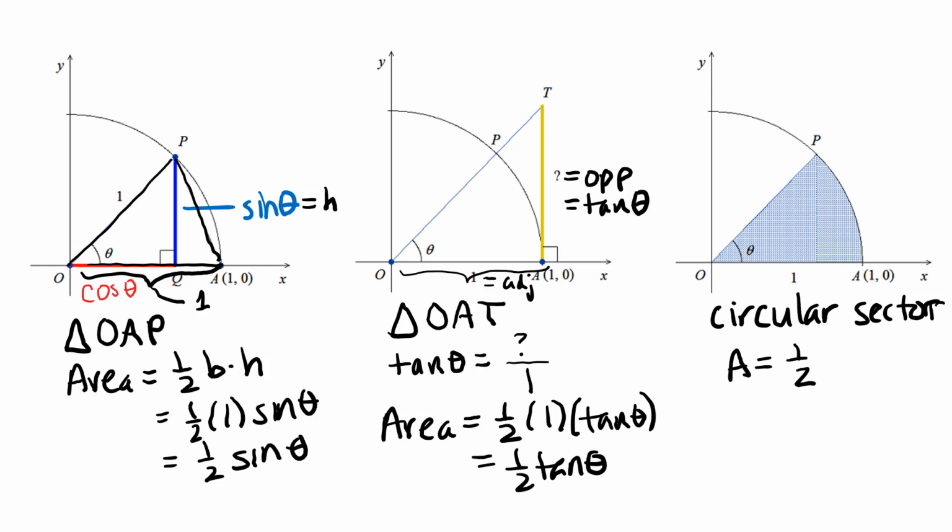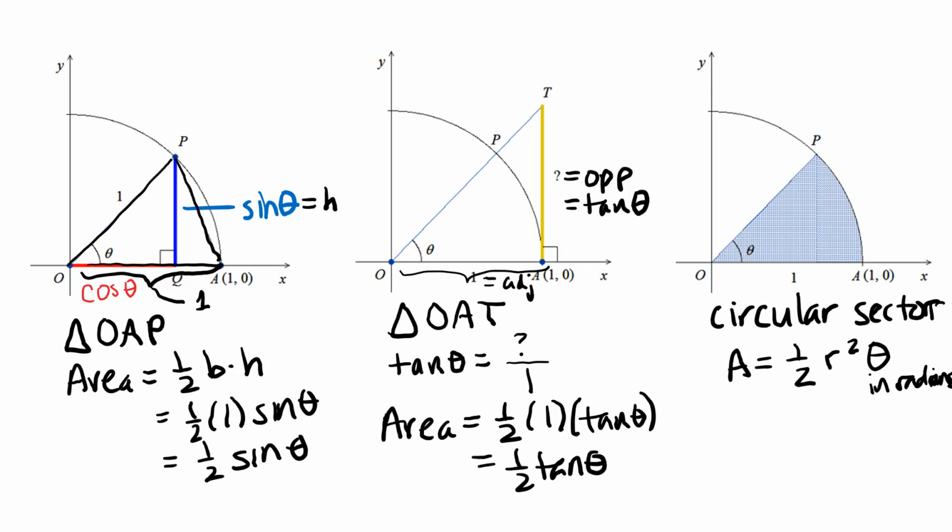The area of a circular sector is 1/2 r squared, where r is the radius, times theta, and that formula only works if theta is in radians. So from here on out, we're going to need to assume that the theta in our problem is given in radians. And of course, if it were in degrees, we could just convert it to radians. We know how to do that.